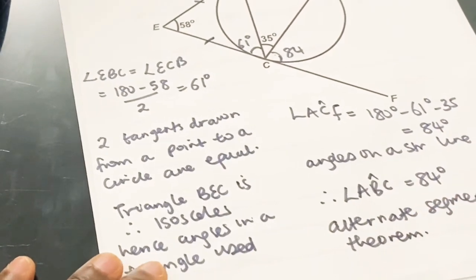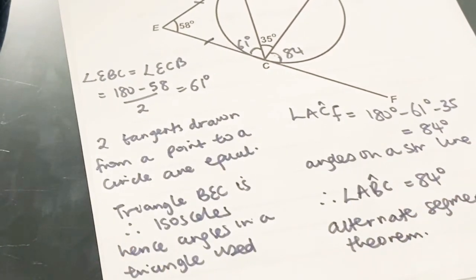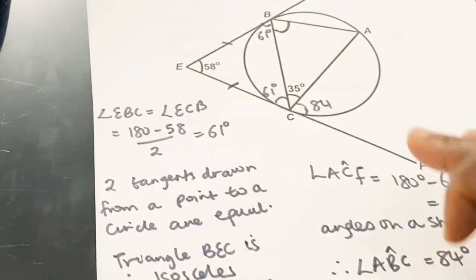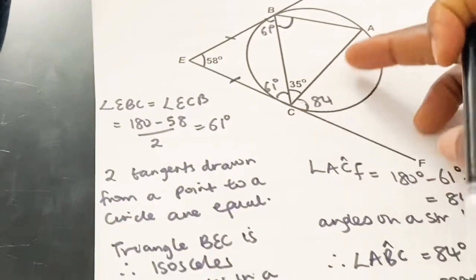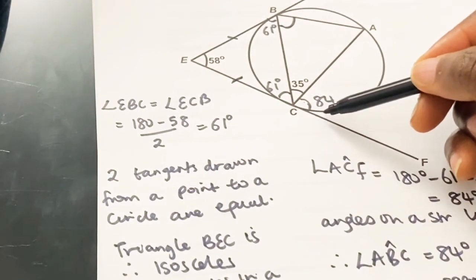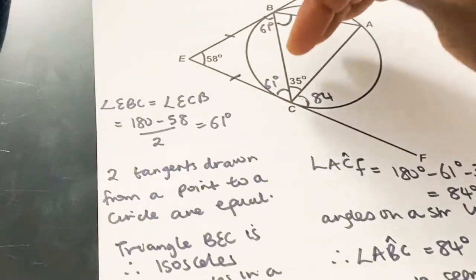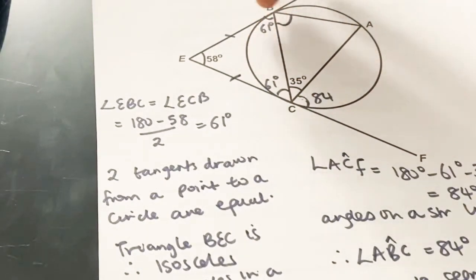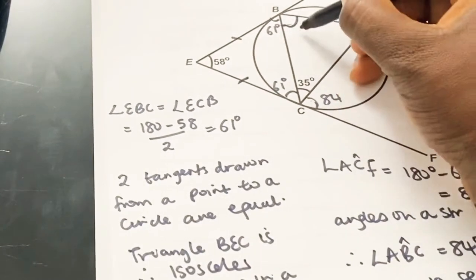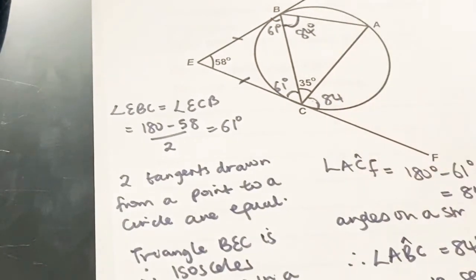If you don't know what that is, go look it up in your book. If you have this minor segment equal to 84, then the angle in the alternate segment, the major segment, must be equal to this one. So this would be 84 degrees as well. So that's the solution to that one.